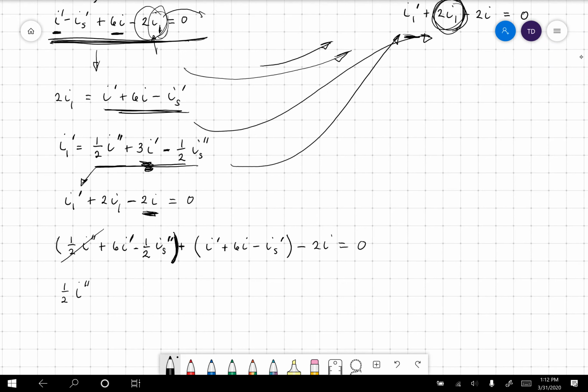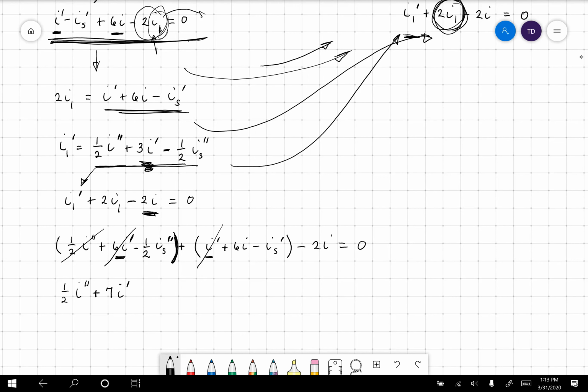Okay, so my I prime terms, I have this one, and I have this one. So I have 6I prime plus 1I prime, which is 7I prime. That's that one.